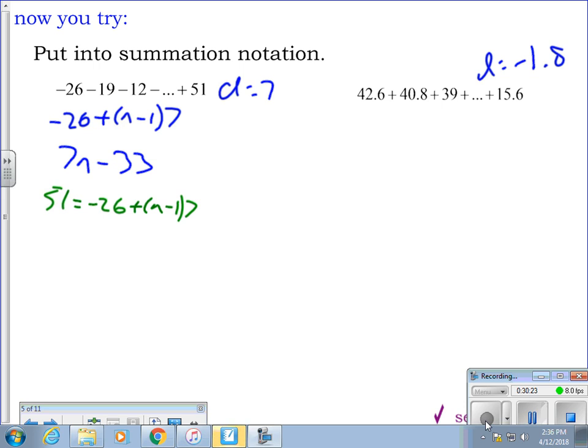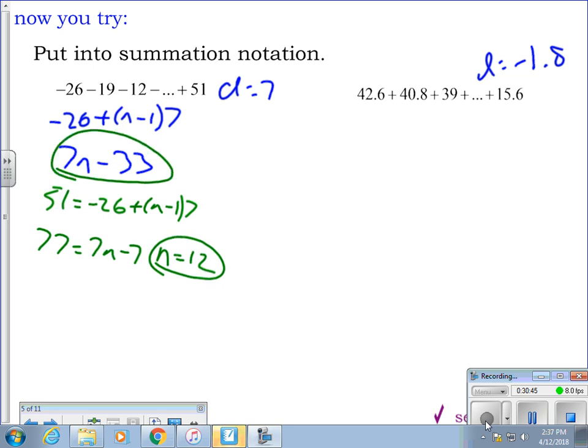So 51 plus 26, I get 77 equals 7n minus 7. Add 7, you get 84. 84 divided by 7, you get n equals 12. So we needed this, and we needed this to write our sigma notation. N goes from 1 to 12 of 7n minus 33.